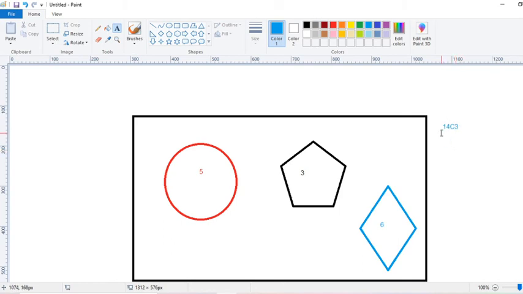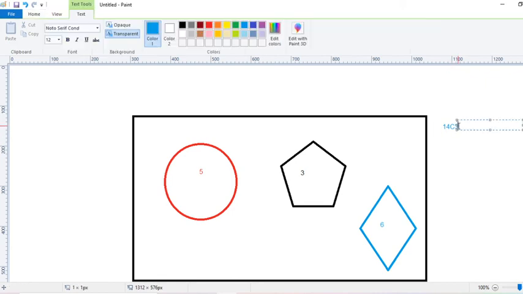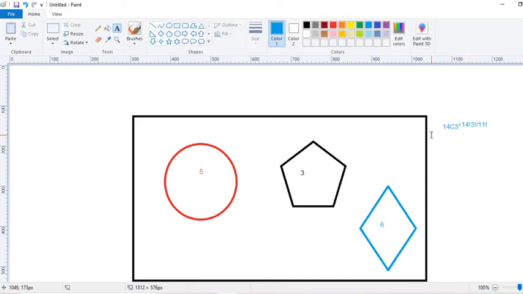That is a combination. 14C3 is equal to 14 factorial divided by 3 factorial into 14 minus 3, 11 factorial. That's the formula for 14C3.